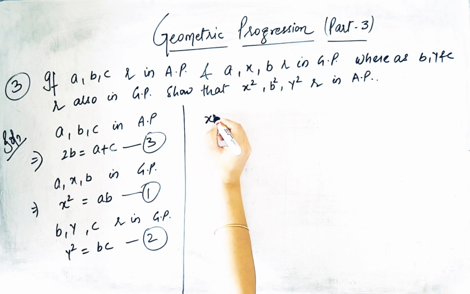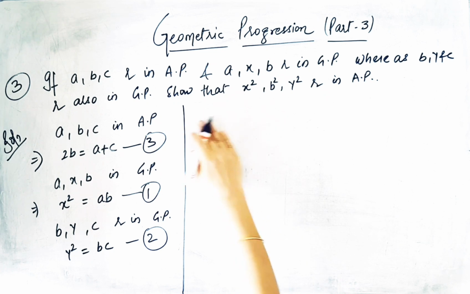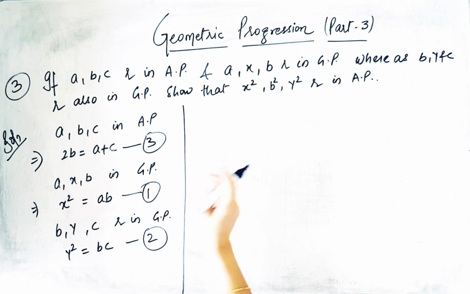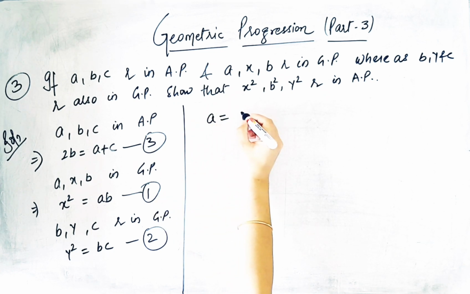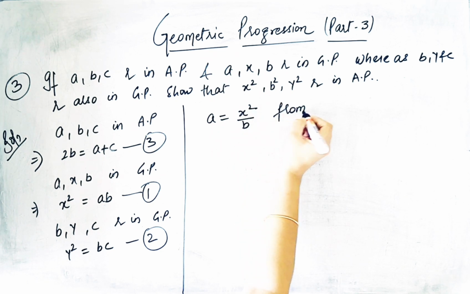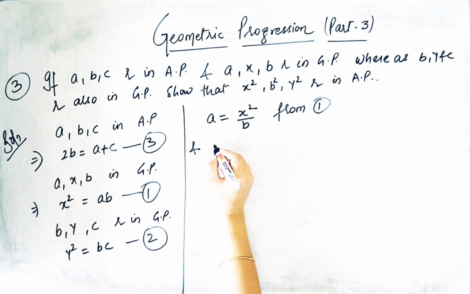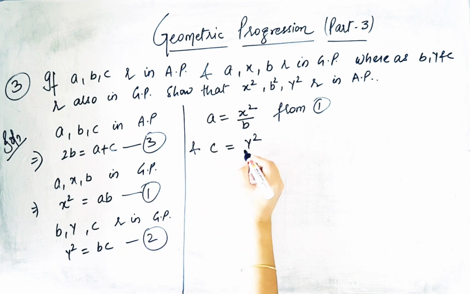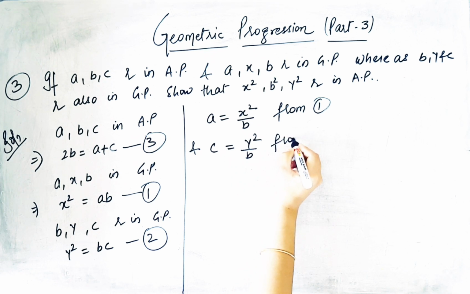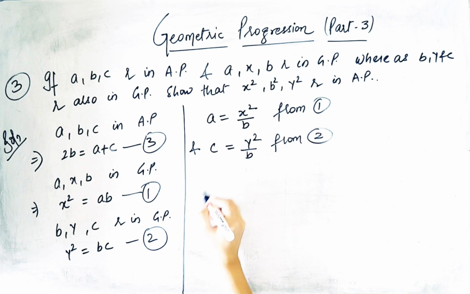So A equals X square by B from the first equation, and C equals Y square by B from the second equation.